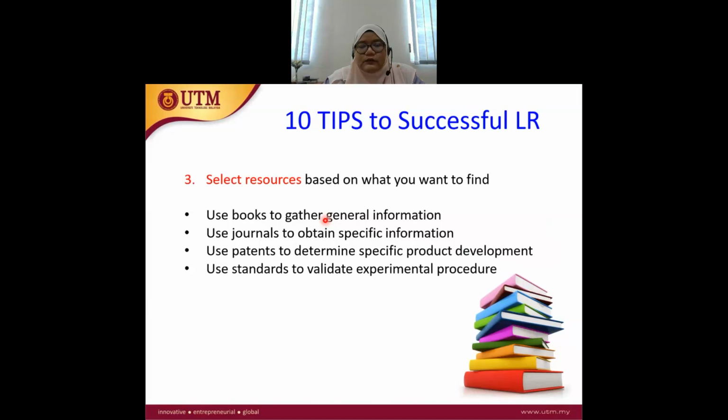You can also find them on Google. If you want to search for specific information about a certain topic or certain methodology, you use journals. If you want to determine a specific product for development, an advanced product technology, you have to search the patents. And lastly, if you want to validate your experimental procedure, whether the validation is true or not, you have to search for the standards.